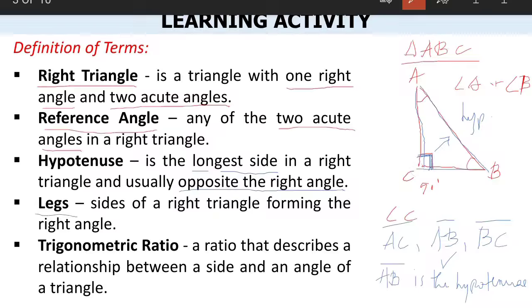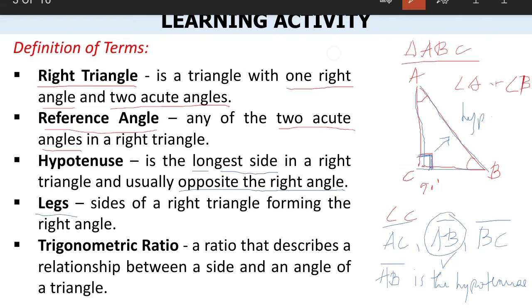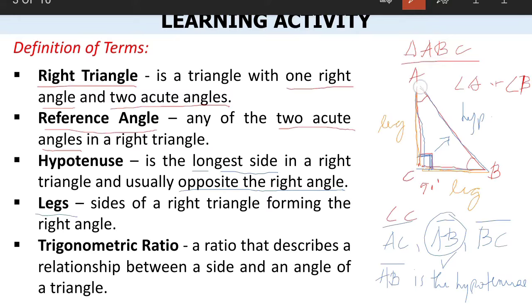Therefore, if AB is the hypotenuse, the legs are AC and BC.